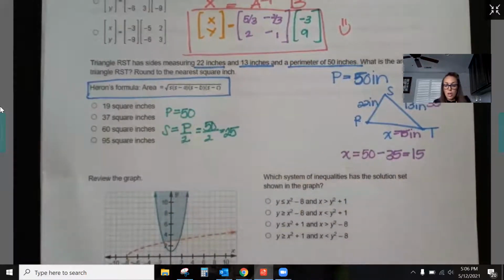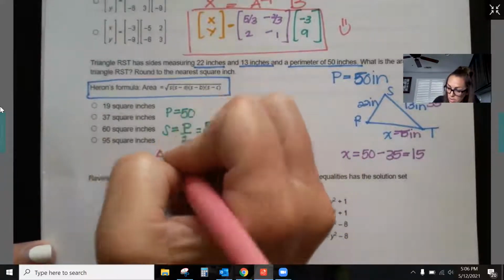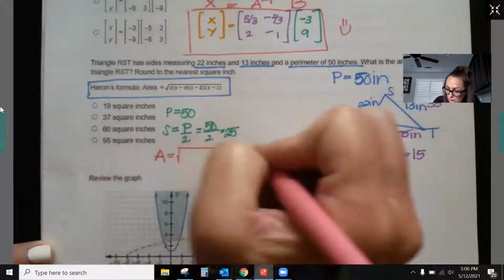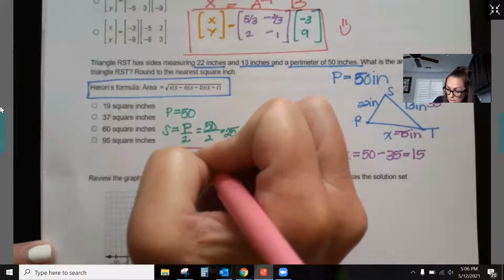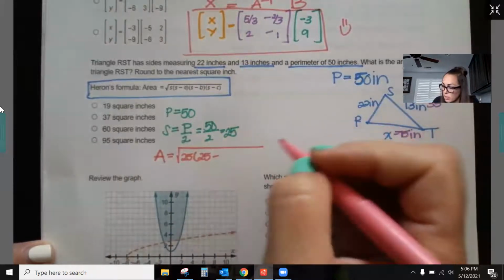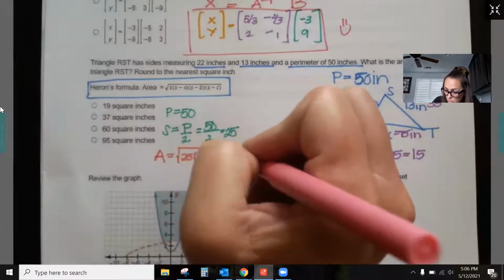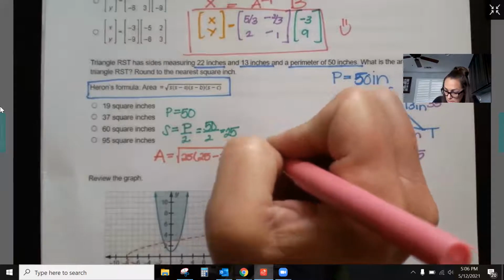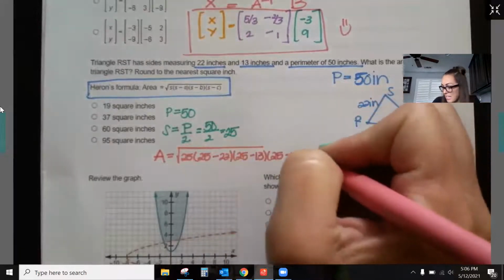So when I go to solve for my triangle, the area of the triangle is going to equal the square root of S, which is 25. Then it's going to be 25 minus each one of my sides. Doesn't matter the order. So I'm going to do 25 minus 22, 25 minus 13, and 25 minus my 15.